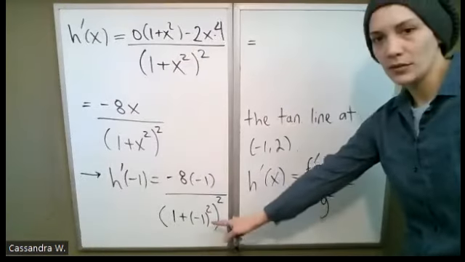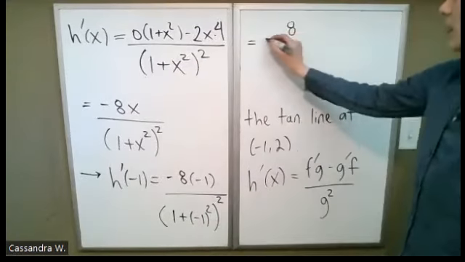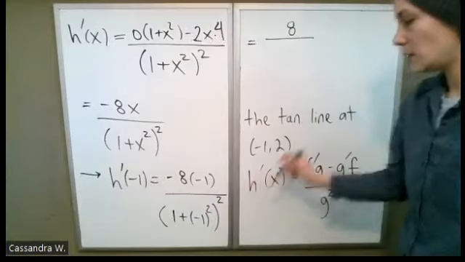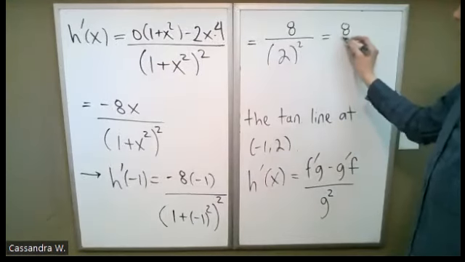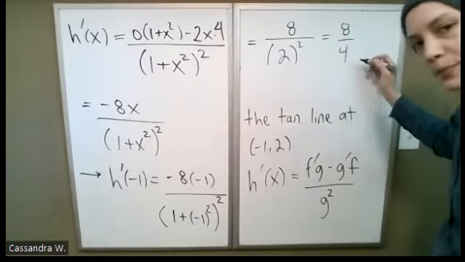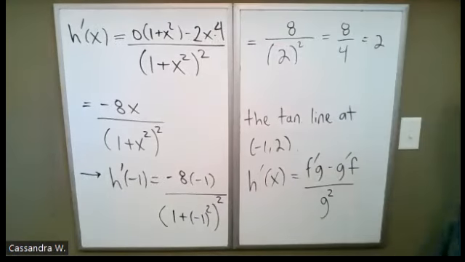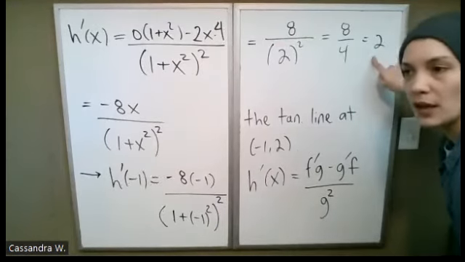Okay, 8 over 1 plus 1 squared, so 2 squared. So you get 2. Okay, 2 is your slope.